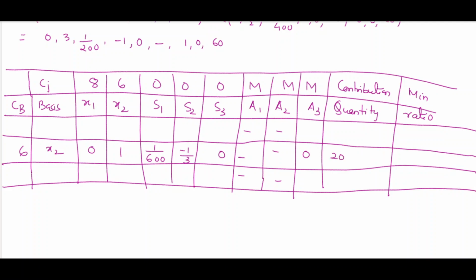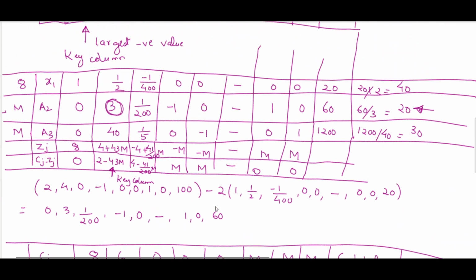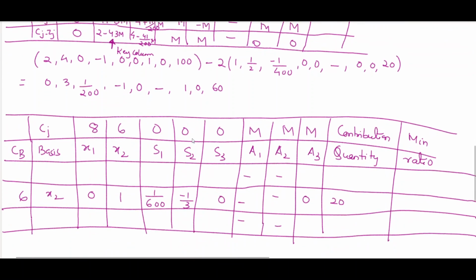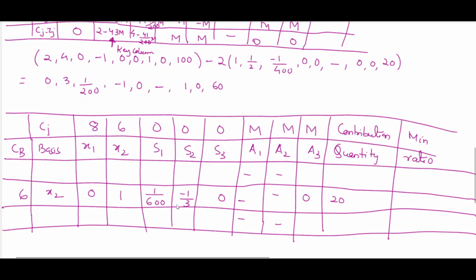So first we have done the x2 row. Next, as usual, follow this kind of calculation. For the first row, it will be 1 by 2 minus 1 by 400, 0 0 dash dash 0 20 minus, what is the intersection element, 1 by 2 multiplied by 0 1 600.